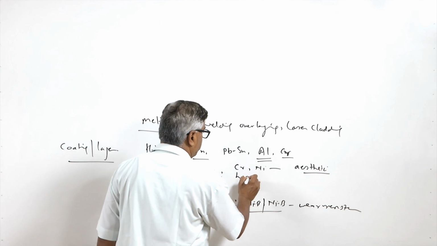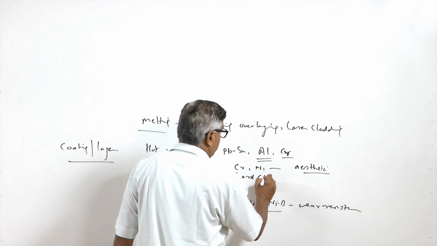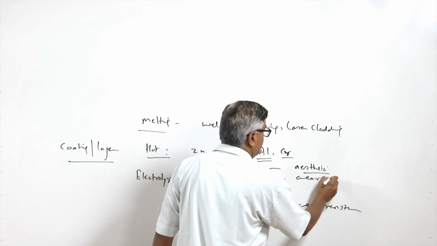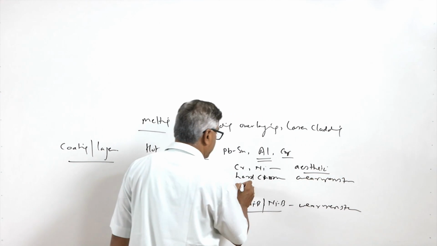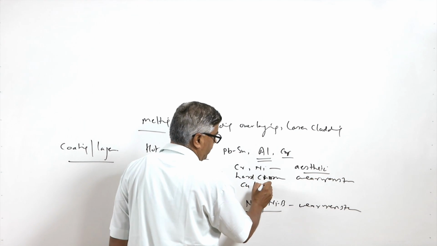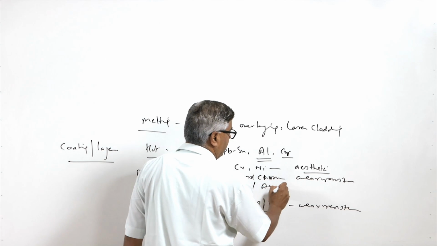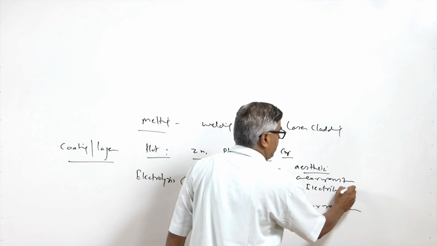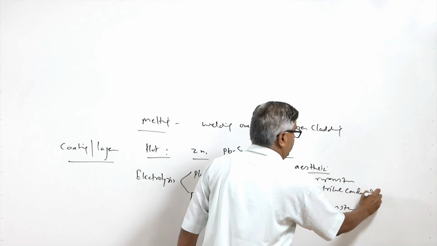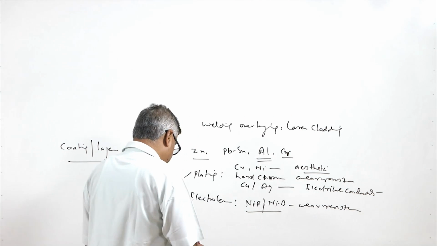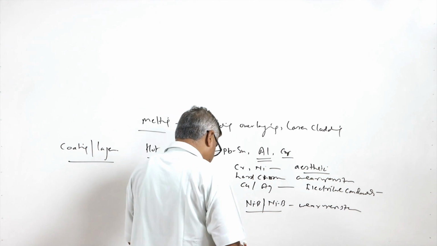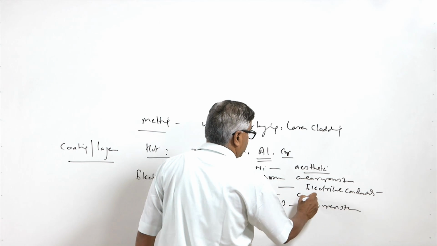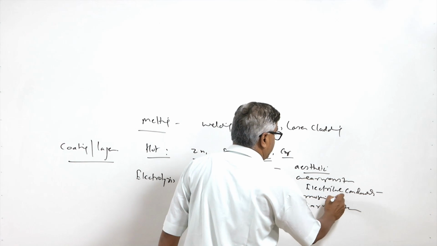Then hard chrome coatings are applied for improved wear resistance applications. Then electroplating of copper and silver is applied for improved electrical conductivity, and then there is a layer of cadmium and zinc for corrosion resistance applications.